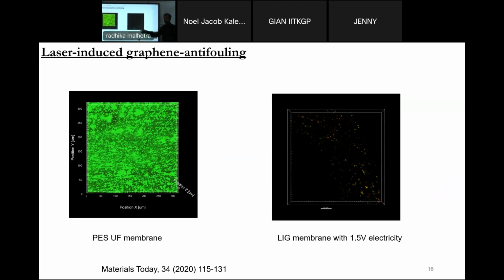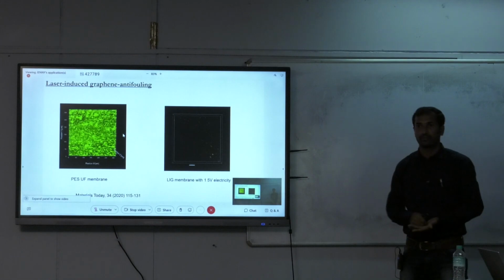This was demonstrated under filtration, because if you are testing just with cross flow, there is no permeate drag force, but if you are demonstrating the experiments under filtration, there is a dominant permeate drag force, which will push all the bacteria or microbes towards the membrane surface, then forcefully they will be attached, and then they can develop the biofilm.